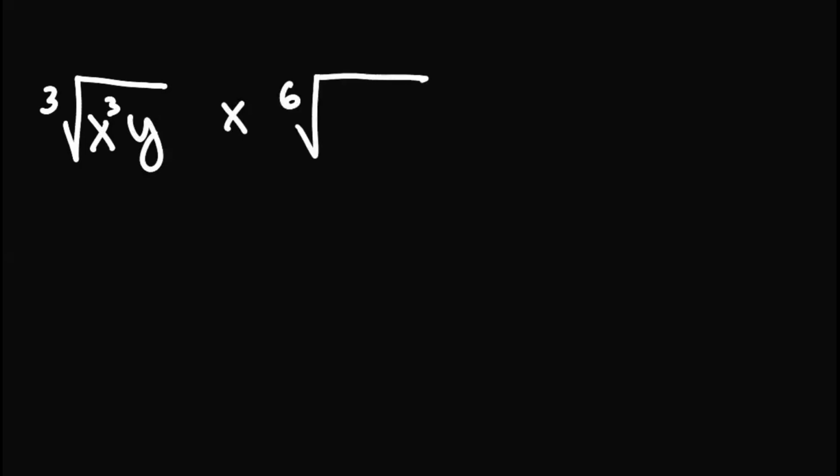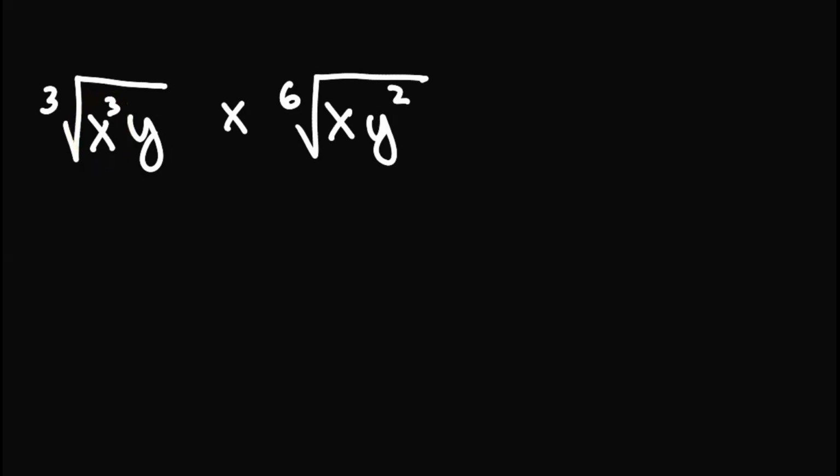So let's have this one last example that is similar to that one a while ago. So we'll have the cube root of x cubed y times the 6th root of xy squared. Now here, before we apply that technique, note that we can actually extract x first to simplify the process later.